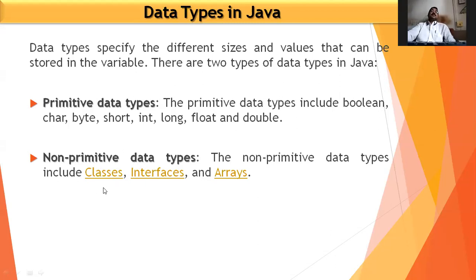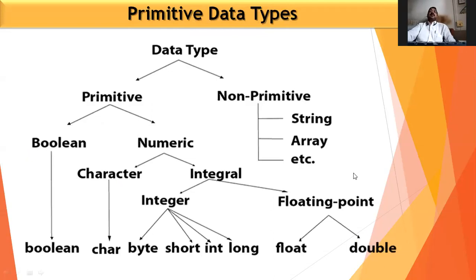Non-primitive data types include the classes, the interfaces, and the arrays. So these are the non-primitive data types. Let us see the nomenclature of all these data types. See here, this is the tree structure diagram of primitive and non-primitive data types.